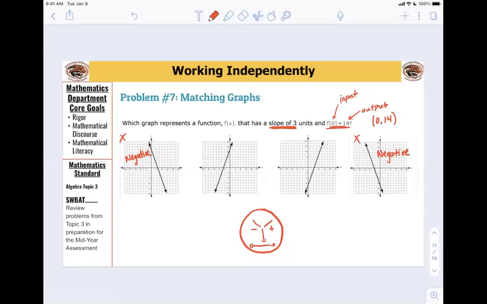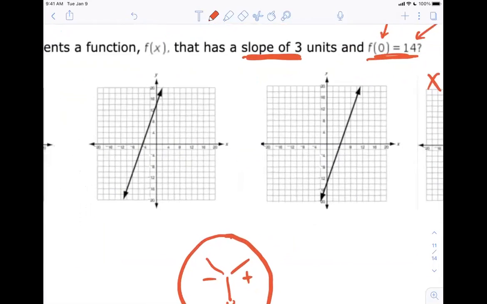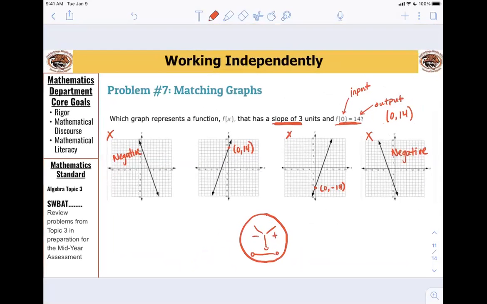So it's telling me that it passes through 0, 14. Take a look at these two answer choices. It's a little bit blurry, but you can clearly tell one of them passes through the 14. Which one is it? B. Yeah, this one passes through negative 14, and this one, positive. So we needed the positive one. B is our answer. Questions on number 7?